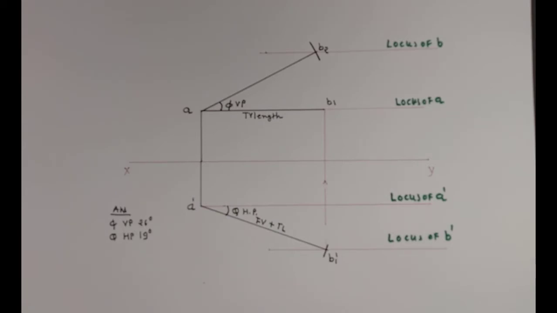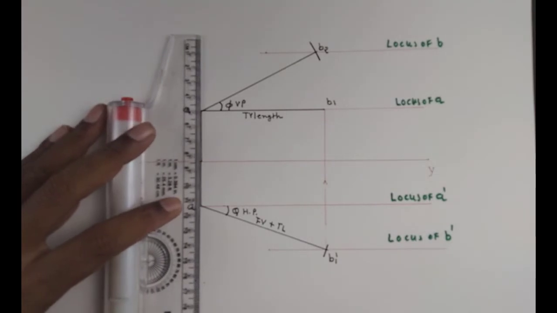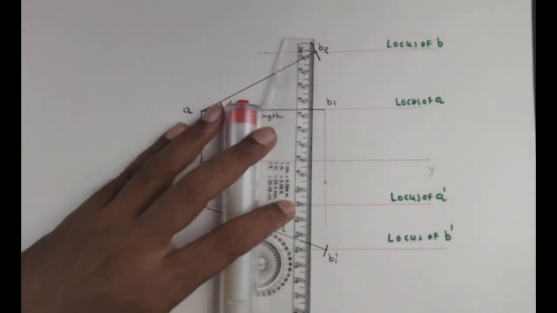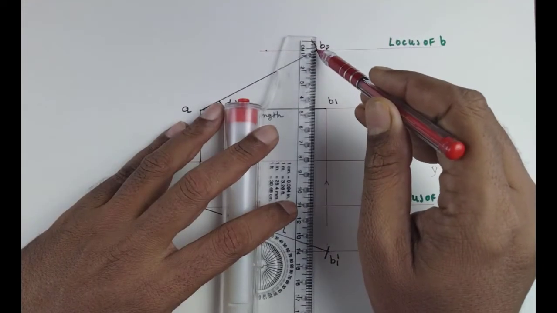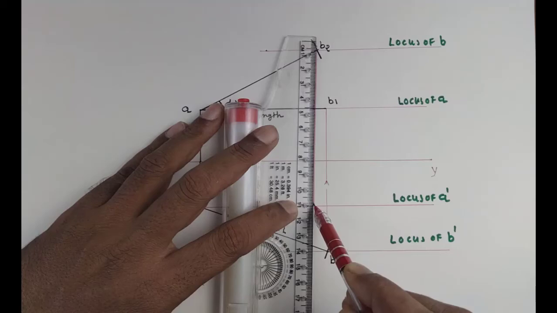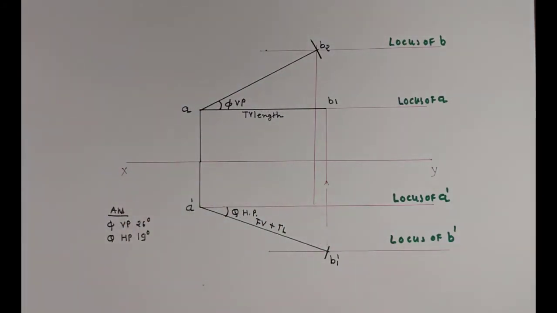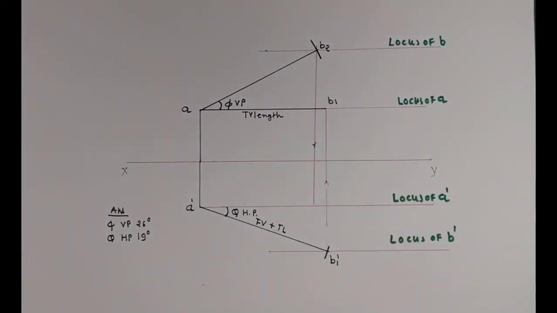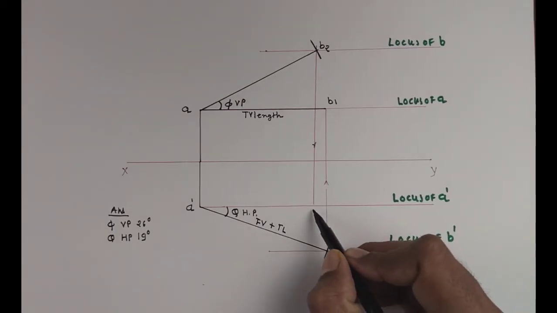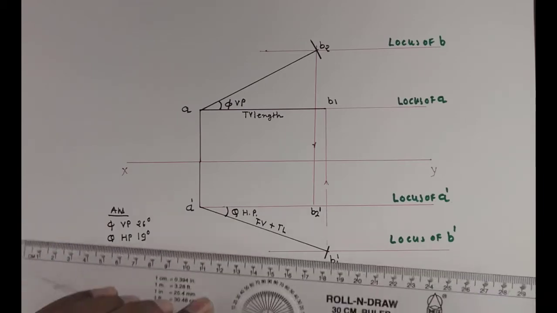Similarly, you can draw the vertical projection from your plan point B2 up to locus of A dash, where you can mark your elevation point B2 dash. Now join your A dash B2 dash.